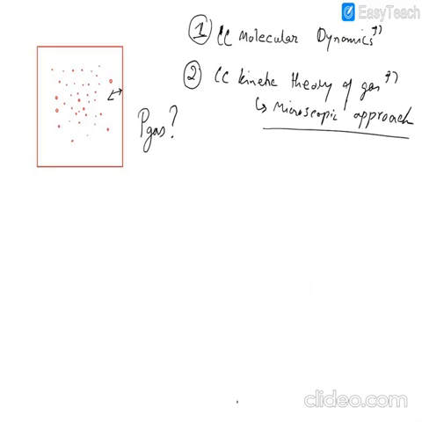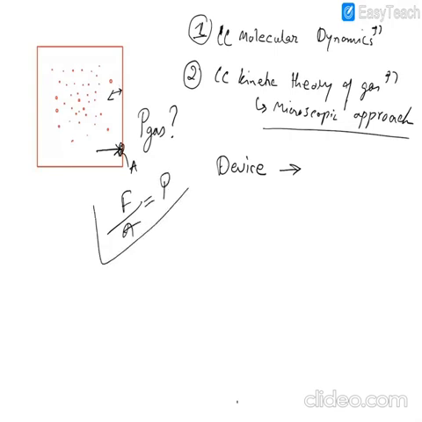Instead, think of some device where you can measure the force applied on the wall in a normal direction and the area upon which it is acting. Then definitely you can find the pressure in a more convenient way.